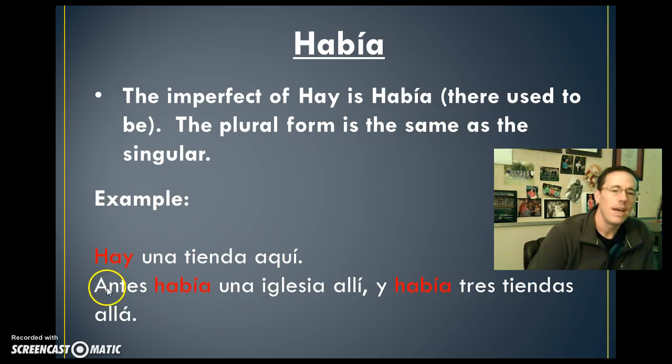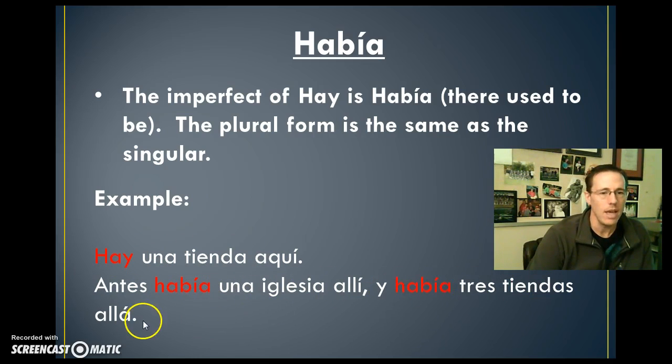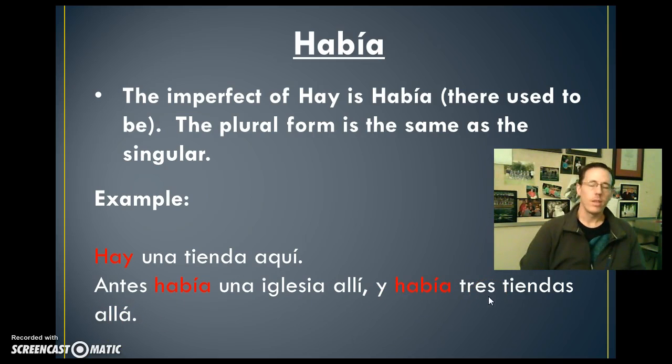Okay? Antes había una iglesia y ahí había 3 tiendas allá. So before, there used to be a church there, and there used to be 3 stores there. So again, había is just like the word hay, only it is taking place in the past instead of the present, right? Okay, está bien.